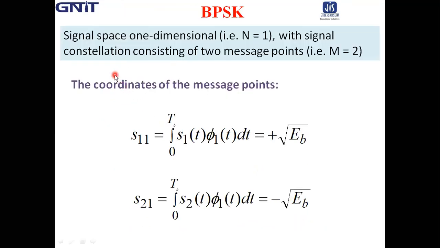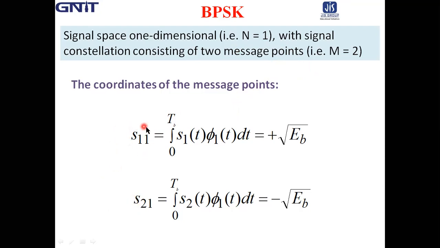So the signal space is one dimensional, that is N equal to 1, with a signal constellation consisting of two message points, that is M equal to 2. The coordinates of the message points are S11 and S21.